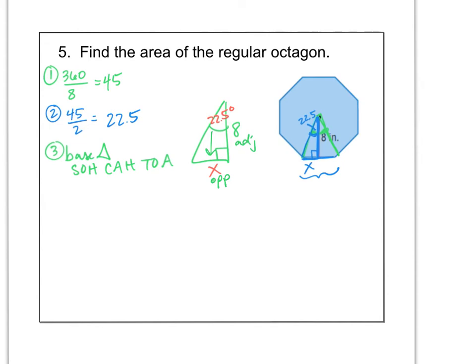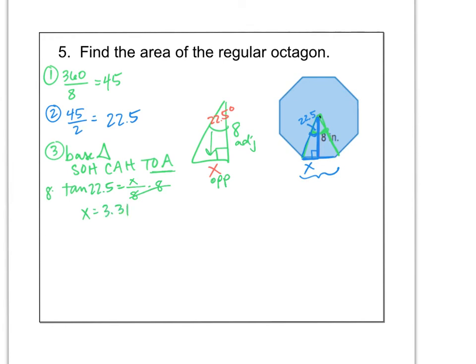So opposite and adjacent, part of TOA. So we're going to do tangent 22.5 equals x over 8. You're going to multiply both sides by 8. And then you're going to type that in your calculator. And when you type that in, I think you get x equals 3.31.